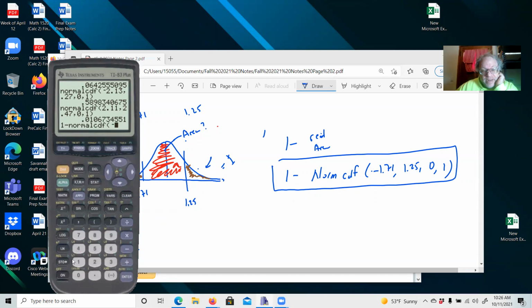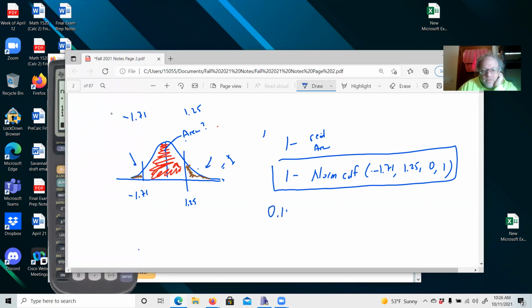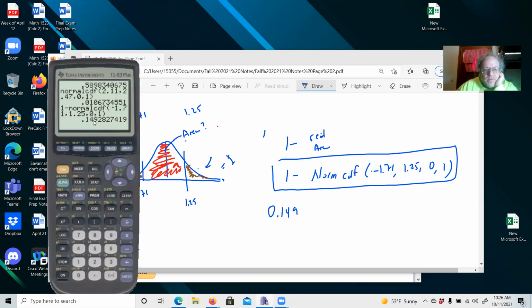And we need negative 1.71, comma, 1.25, comma, and it's still standard normal. So it's 0, 1. Okay. Enter, and we would end up with about 15-ish%, right? 0.14928.